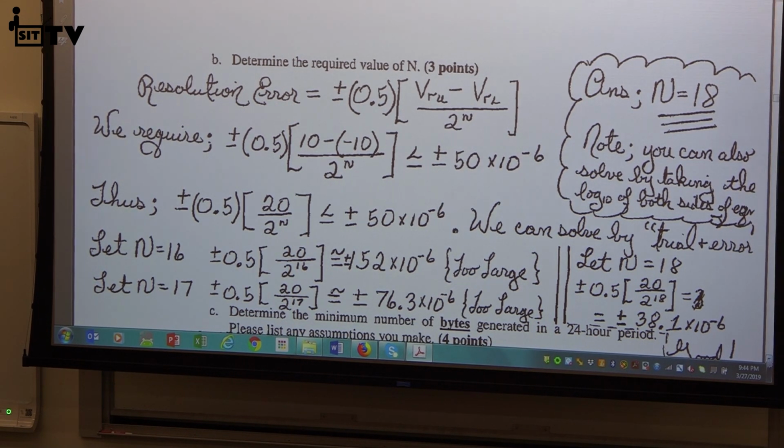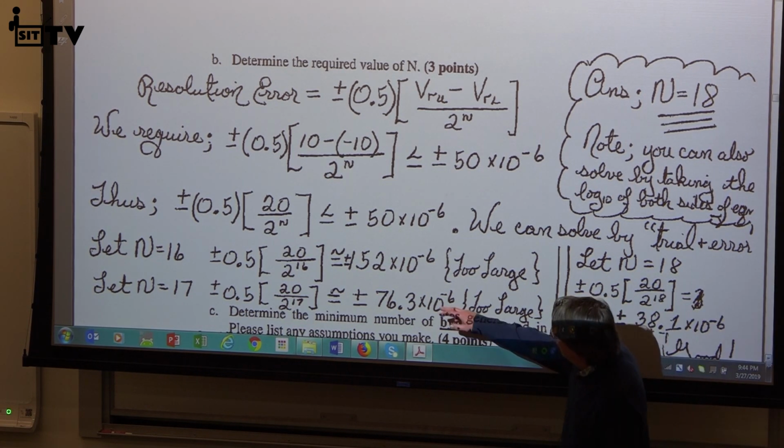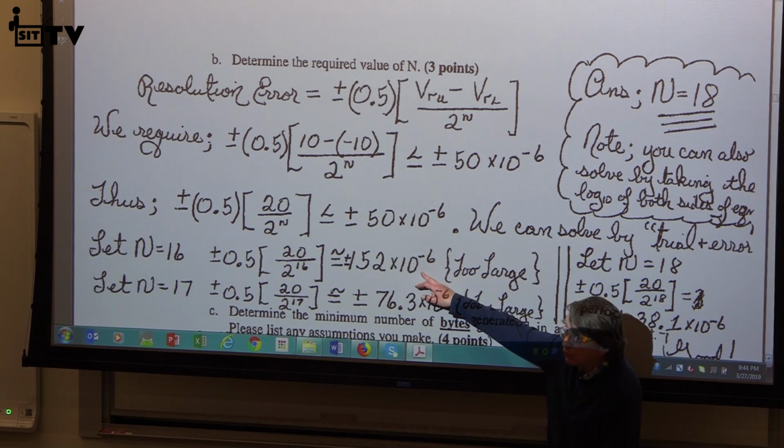Did I use logs here? I guess I did it by trial and error. Fine. You can guess. You can also use logs, however you want to do it. So I guessed 16. My resolution error was 152 microvolts, too big.